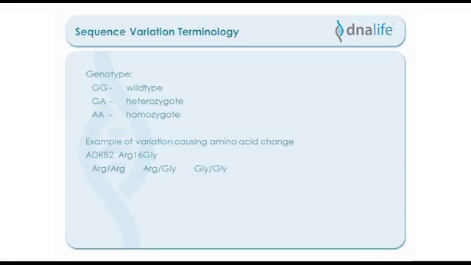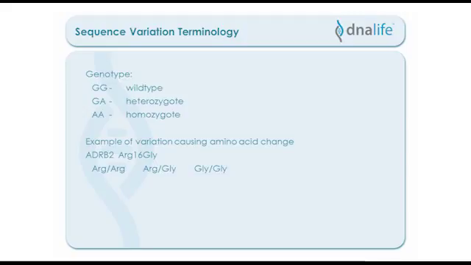If it was for the amino acid equivalent, and this time we're looking at the ADRB2 gene, instead of writing the G's and the A's for the nucleotides, we now write the abbreviations for the amino acids. So in the ADRB2 example, we're looking at an Arg16Gly, which means at position 16, at amino acid number 16 in the protein, we're changing from arginine to glycine as a result of a nucleotide change.